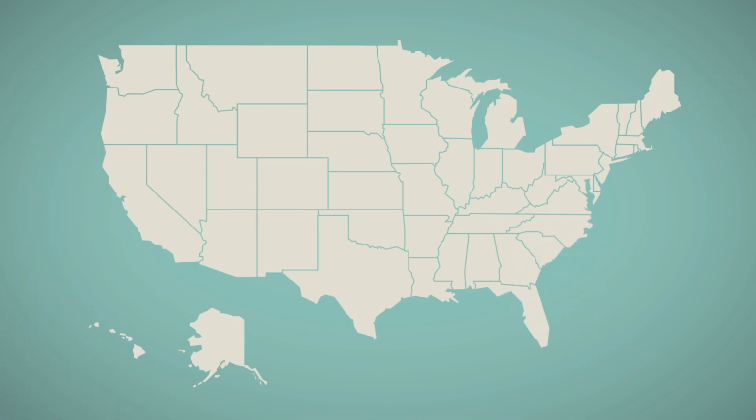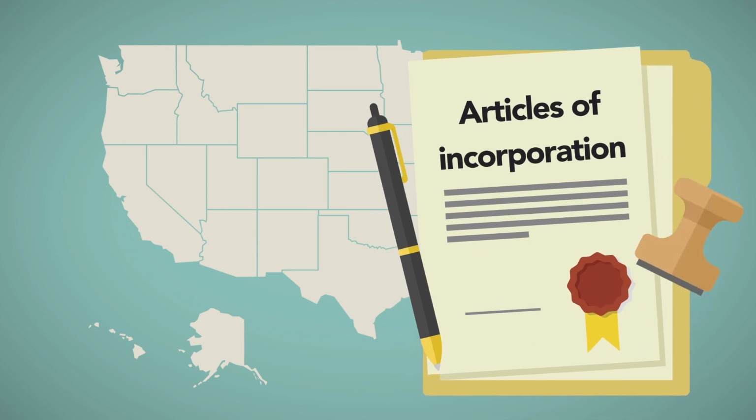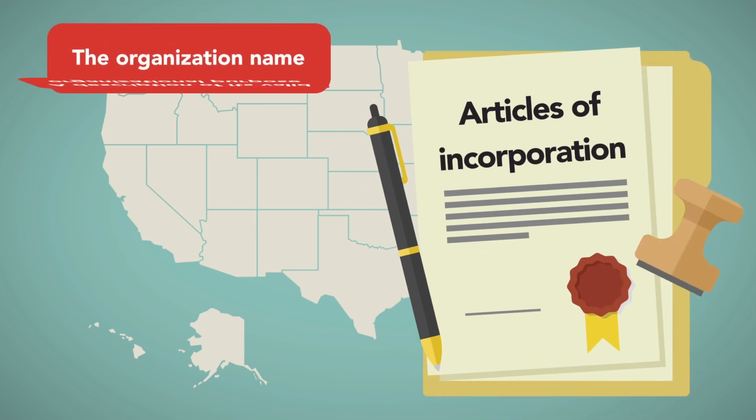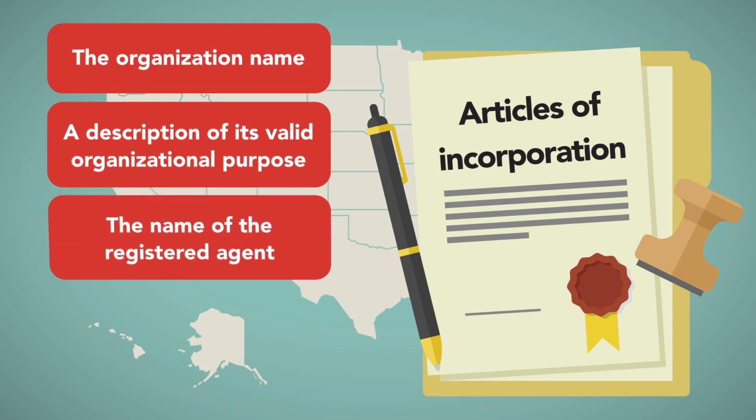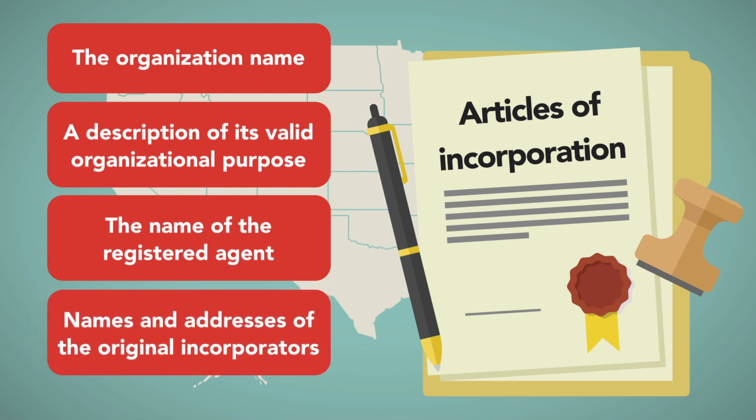Though state requirements vary, typically the articles of incorporation include the organization name, a description of its valid organizational purpose, the name of the registered agent, and the names and addresses of the original incorporators or directors of the organization.